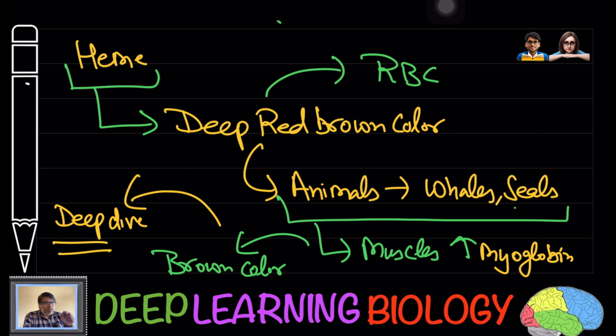Why? Because in their muscles you are going to have more presence of myoglobin. And hopefully you remember the function of myoglobin? Myoglobin can store oxygen. So that's why they can go deep within the oceans, and they can remain within the oceans for a longer duration.